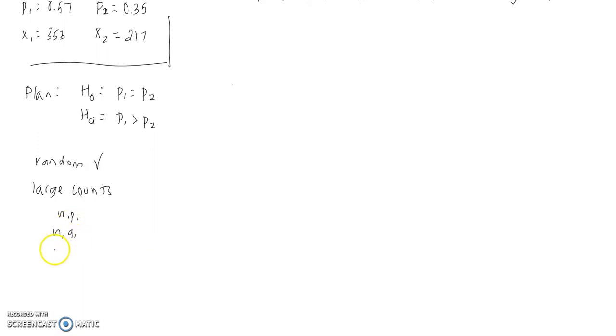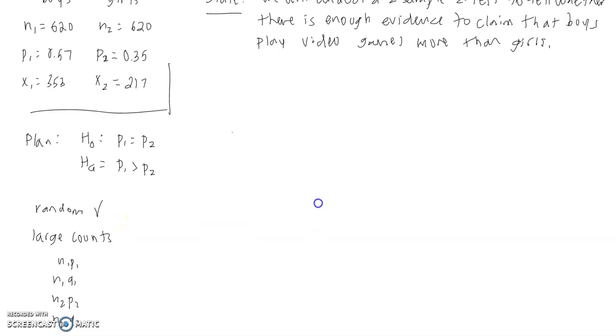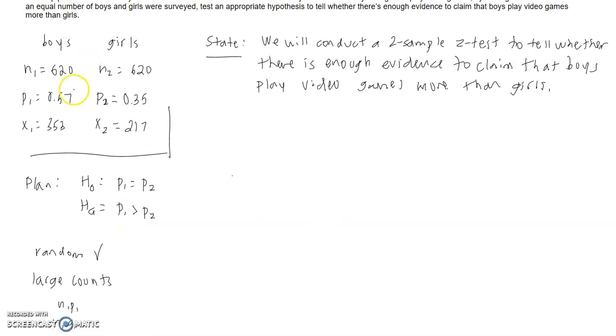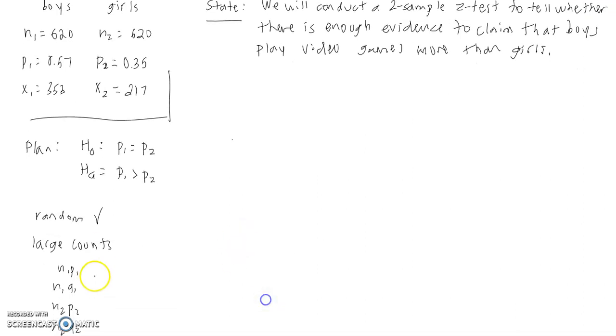Q is just 1 minus P, and then N2, P2, and N2, Q2. So N1, P1, that's just going to be 620 times 0.57, which is 353, so that's greater than 10.